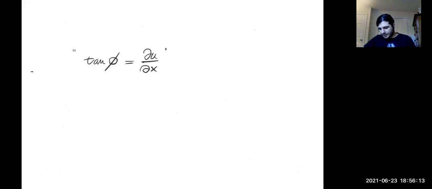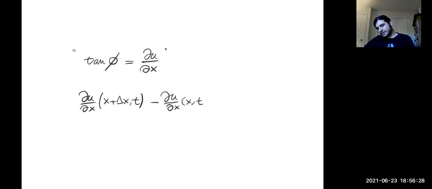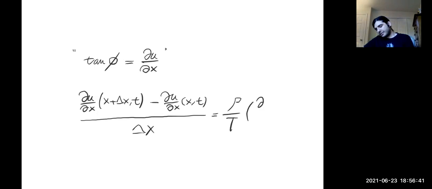We have the derivative of u with respect to x at (x plus delta x, t) minus the derivative of u with respect to x at (x, t), over delta x. This is equal to rho over T times the second derivative of u with respect to t plus g.